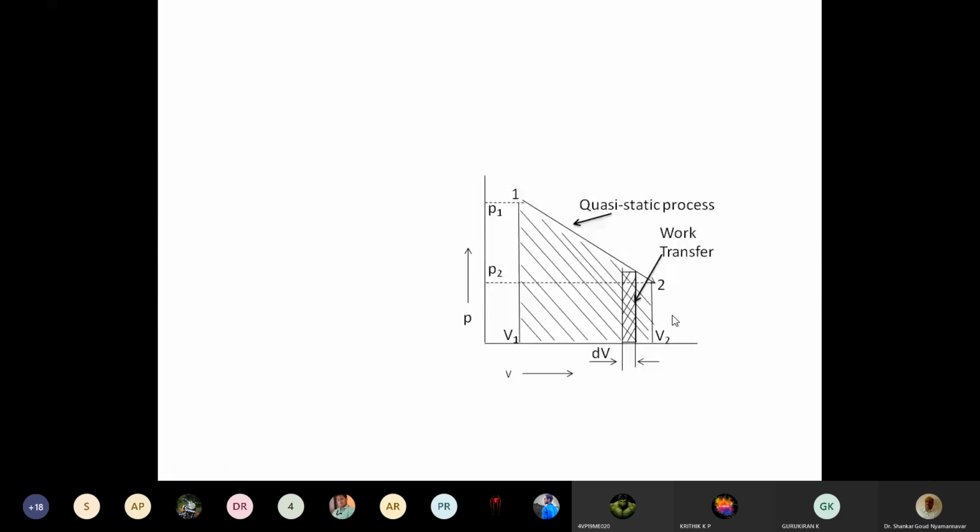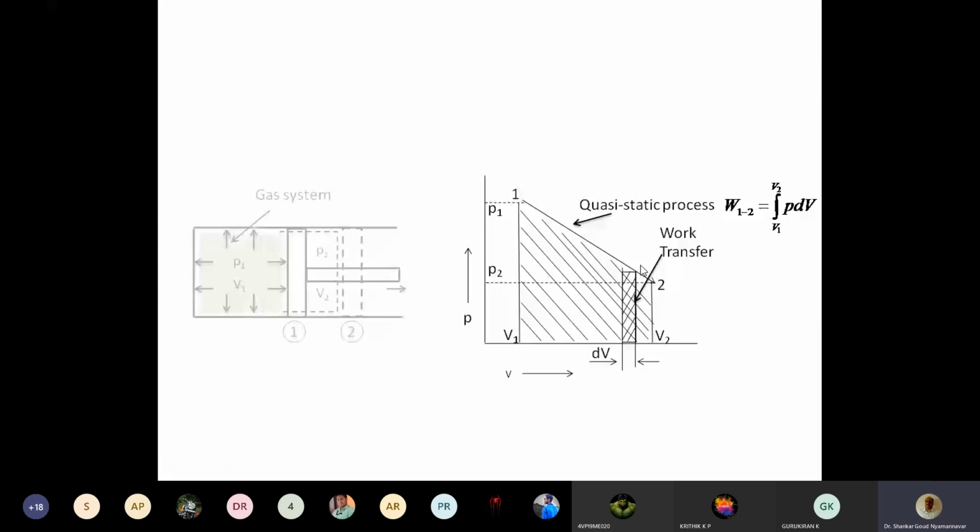Now what I have to do is find the area under this line. Either you can do it using work done equal to the integral of P dV from 1 to 2, if you know the relation between P and V. Here is a piston.